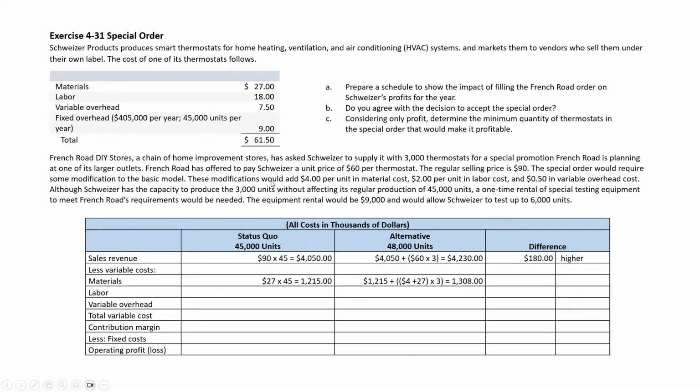Note that not only this customer wants to pay us less, $60 versus $90, but they also want some modifications. It's going to add $4 per unit. So ultimately that'd be $31 times 3 added to our original material cost of 1,215. That bumps us up at the alternative to a material cost of 1,308. So that's going to be $93,000 higher.